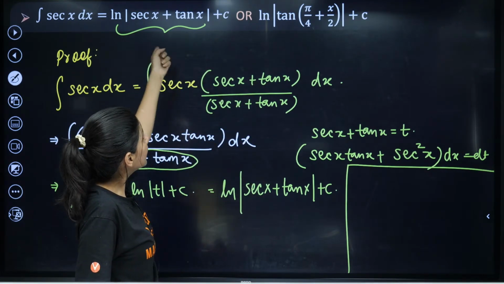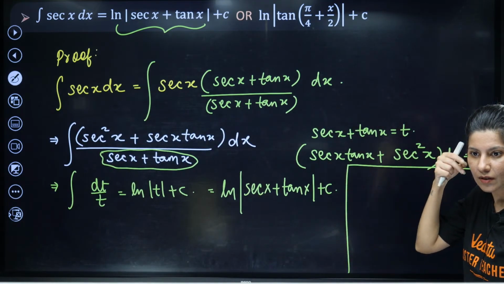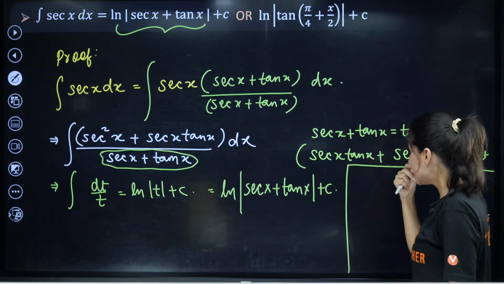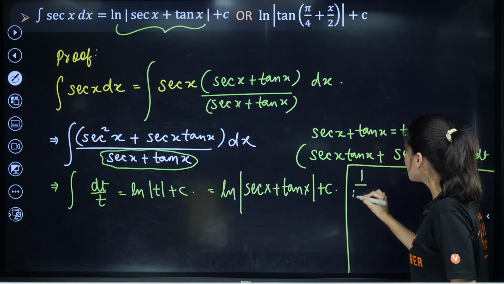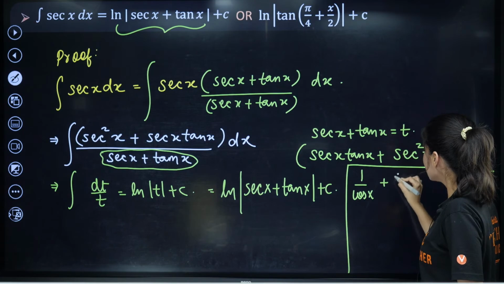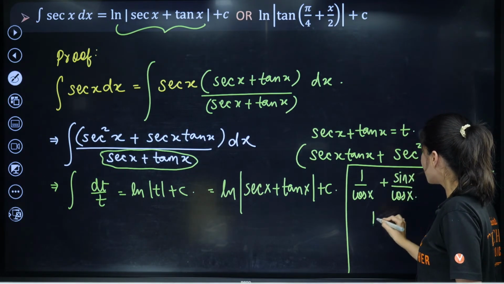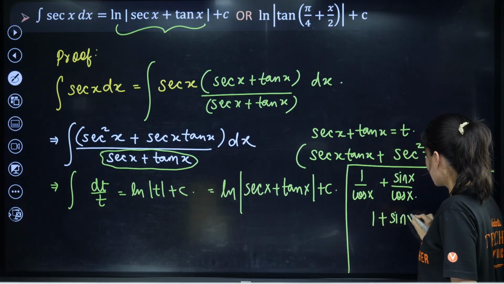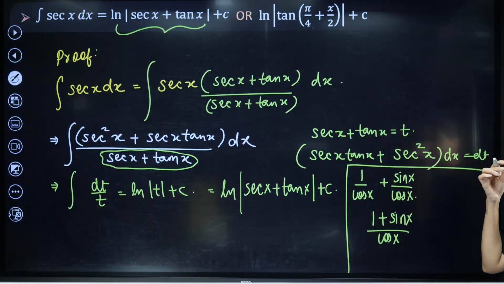You should be aware that these two are one and the same thing. Sec x plus tan x is 1 upon cos x plus sin x upon cos x, so this is 1 plus sin x upon cos x.